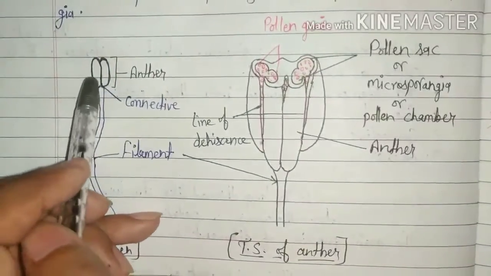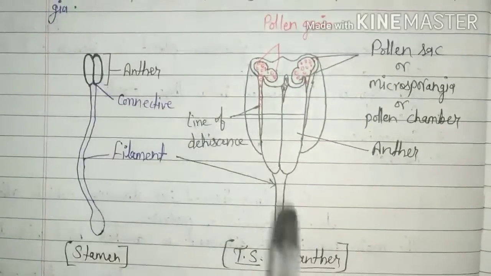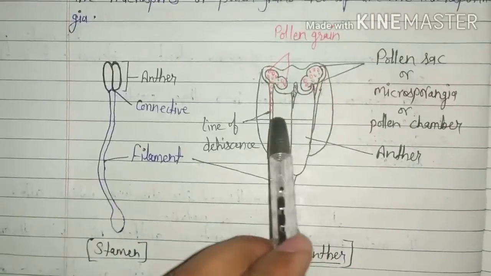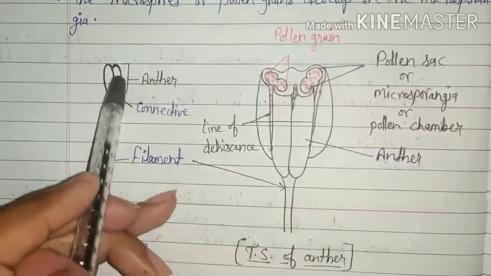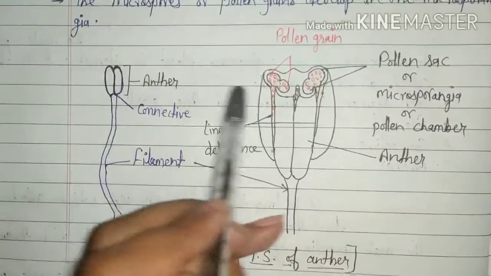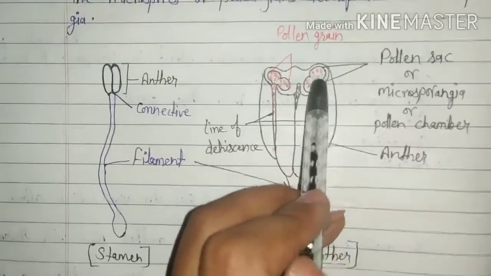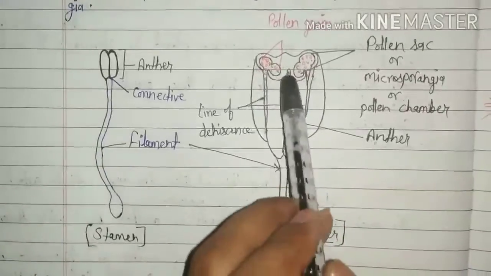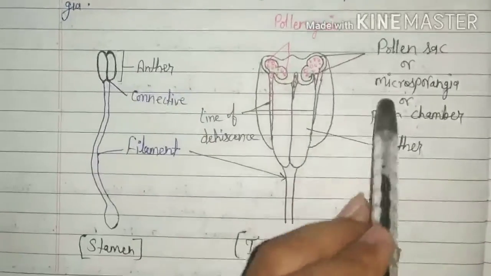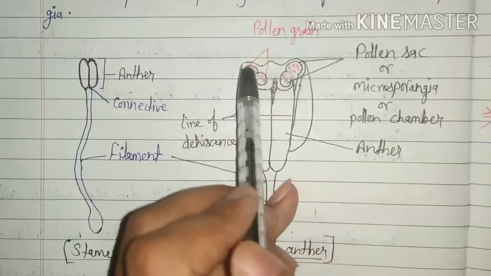When we cut the transverse section of the anther, in the microscopic diagram we see that each lobe of the anther has 2 microsporangia. In both lobes, there are 4 pollen sacs, 4 microsporangia or 4 pollen chambers.